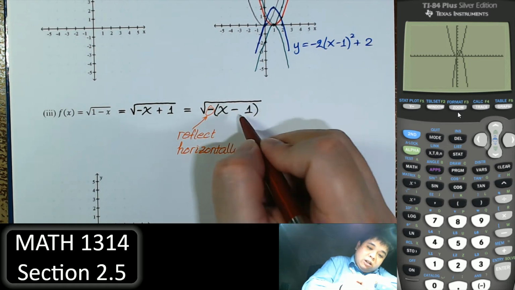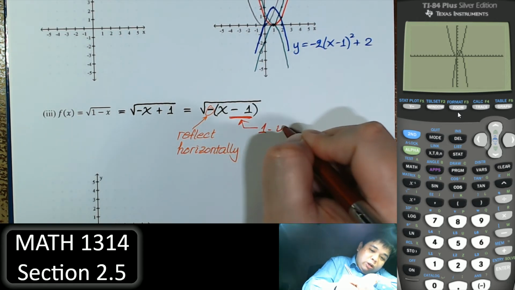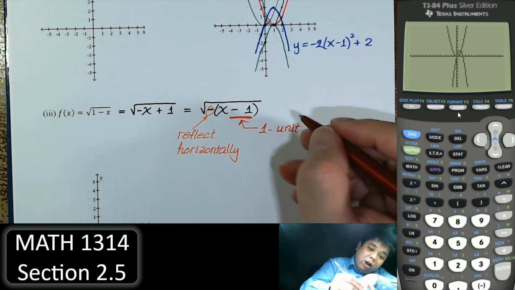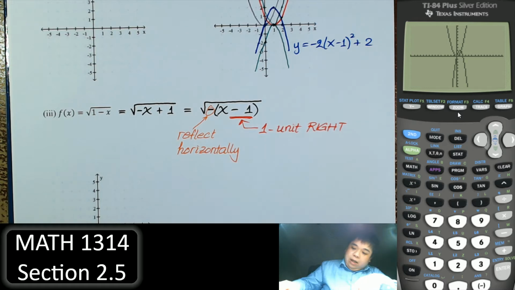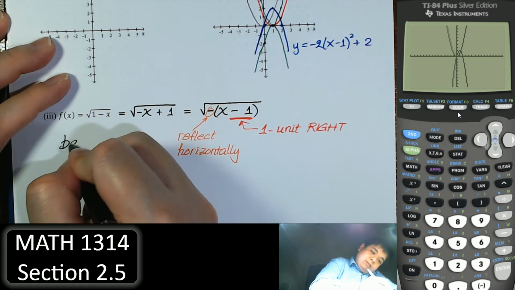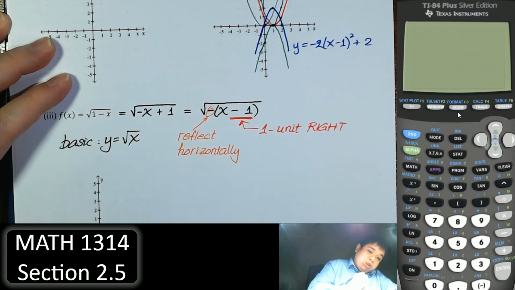And a minus 1, 1 unit to the right. And the basic function, y equal to square root of x. That's what we start with.